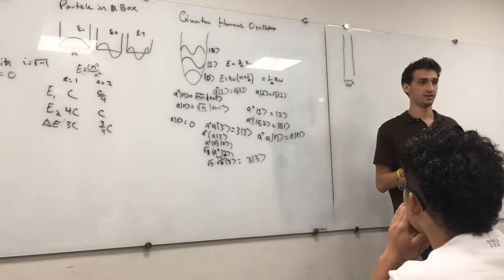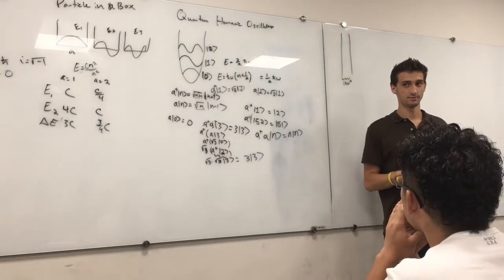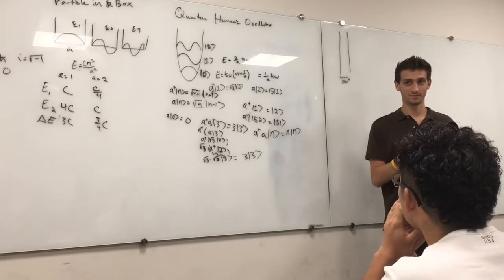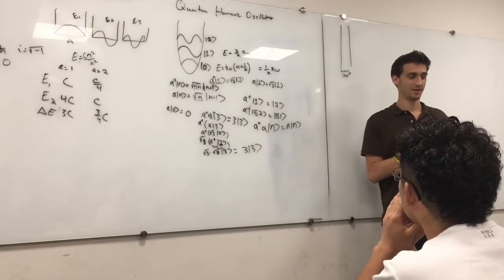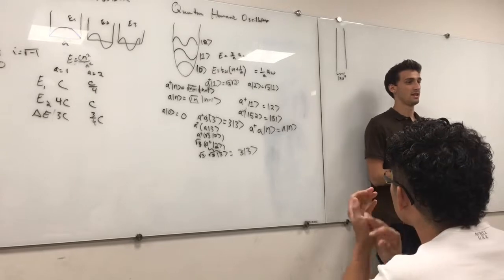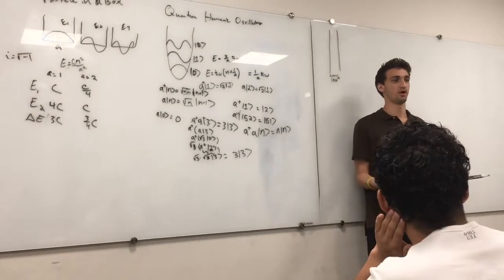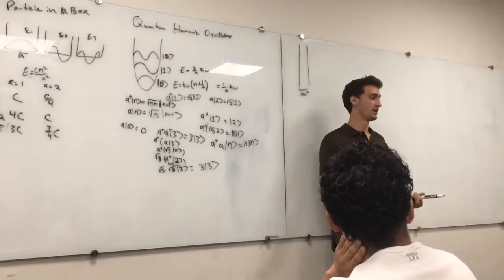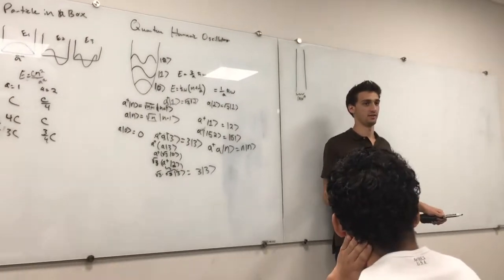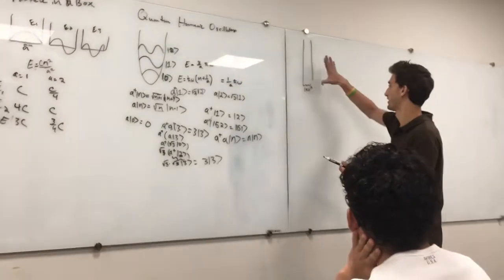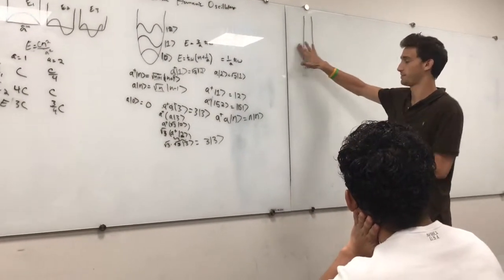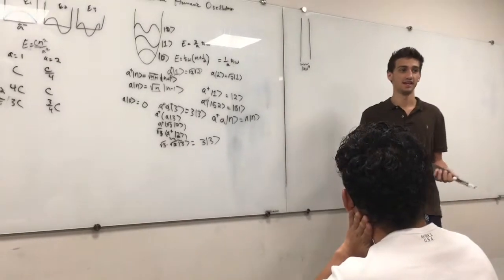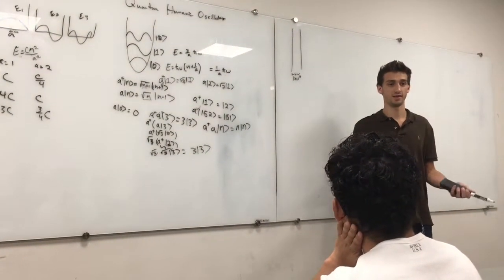All a vacuum means is the absence of particles or absence of energy. So there's nothing in the vacuum, nothing around, nothing possibly happening here. So classically, the energy will just be 0. Nothing happens.